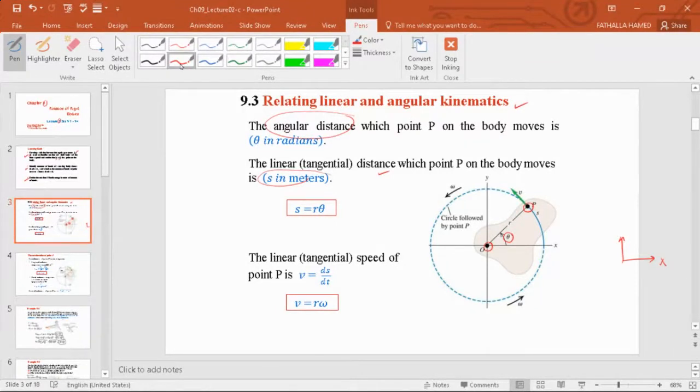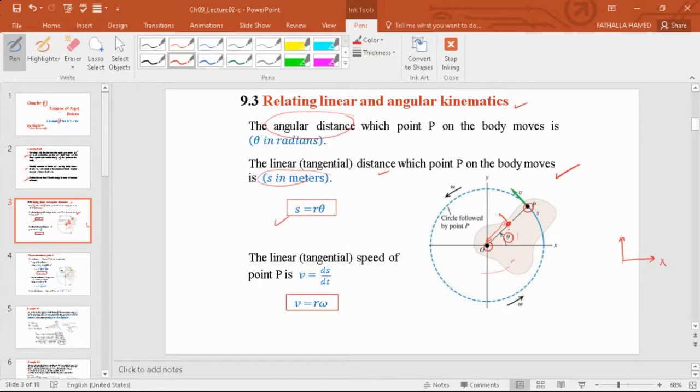So if you choose a point here, for example, this point here will have a different r. And as it revolves around, S will be different. It will be smaller than this S here. And if you look at the circle that it makes, you know that the circumference of this circle is smaller. So that's why, for a point on the body, S is equal to r theta.